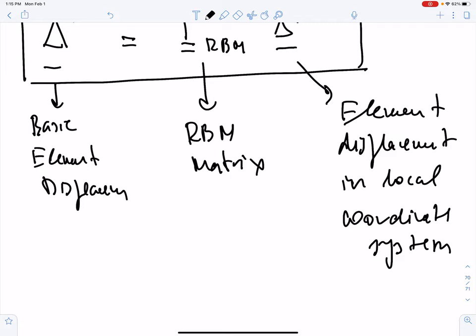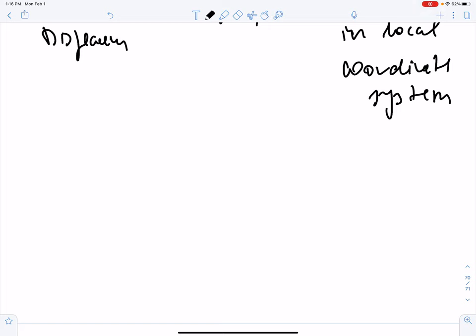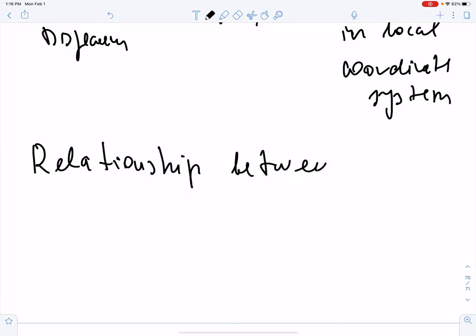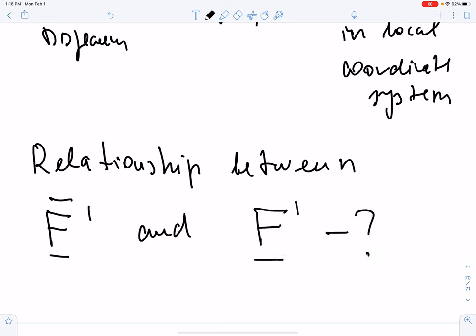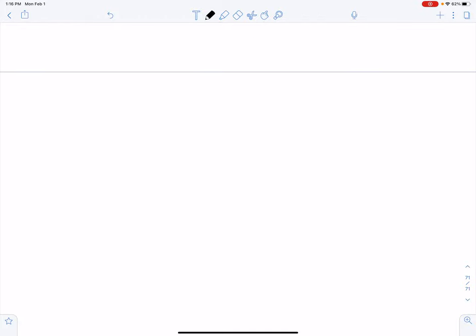Okay. Right. All right. So what would the relationship then look like between the forces? So let me pose that question. Relationship between the basic force and the local force vector. Okay. Well, let's try to do this through the work arguments, just like we did for the global and local.